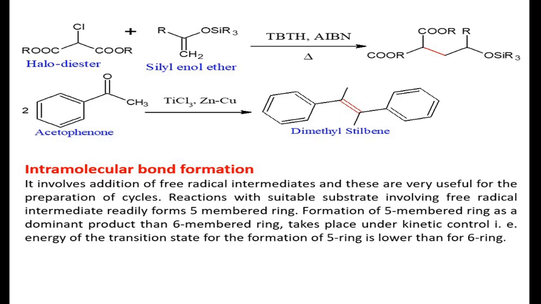The reactant should contain a carbon-halogen bond and an unsaturated grouping. This favors the formation of 5-membered rings during the course of the reaction. The 5-membered ring is the major product rather than the 6-membered ring.